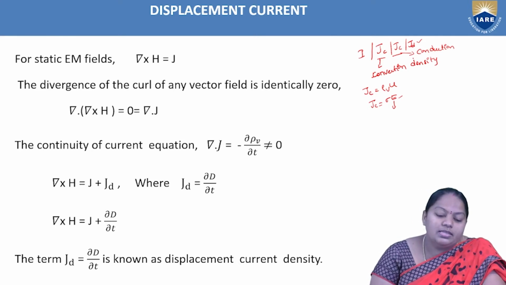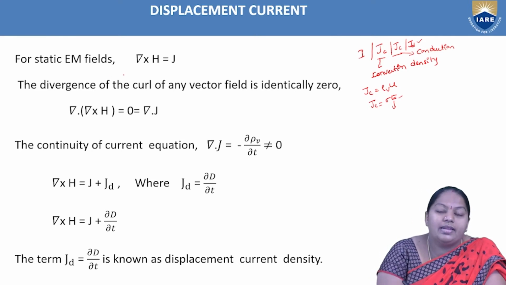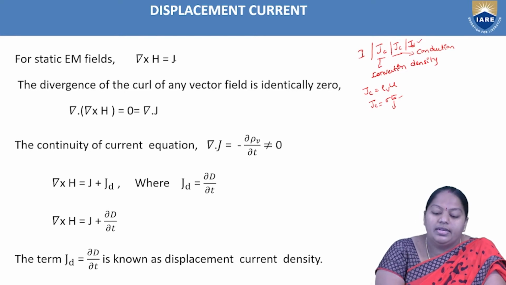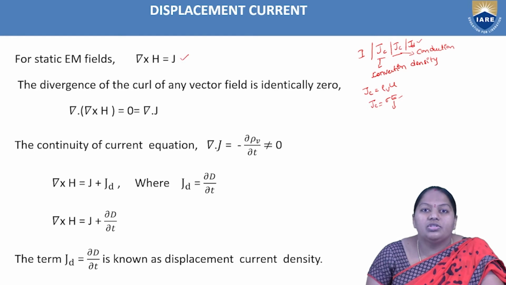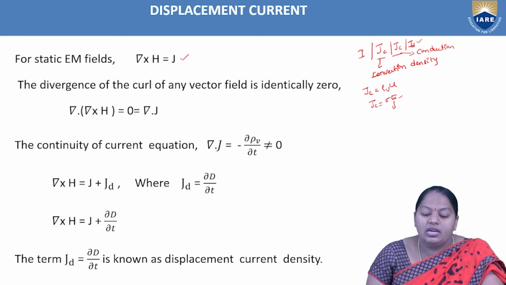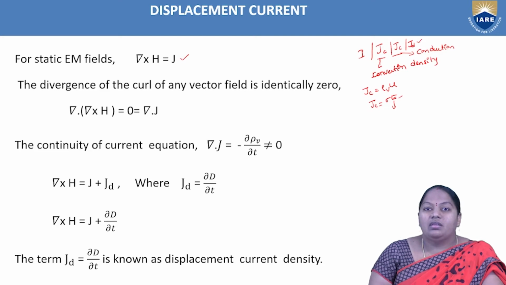For static electromagnetic fields, del cross H is given by J, where H is the notation for magnetic field intensity and J is the conduction current density. This we have already derived in the case of static magnetic fields.